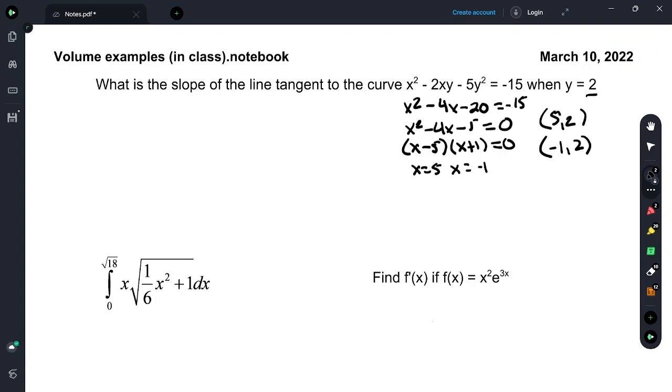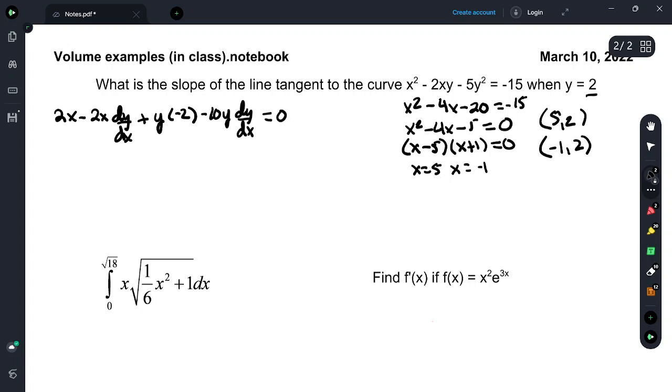Well, let's get the derivative. So 2x minus first times the derivative of the second plus the second times the derivative of the first, and then minus 10. Oh, I wanted 10y first. I jumped the gun there. 10y dy/dx is equal to 0.